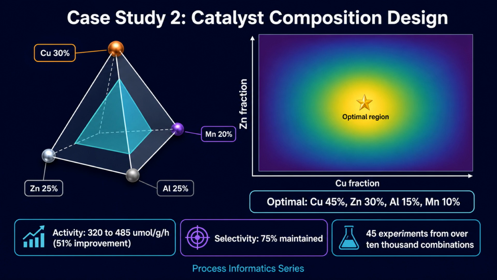The optimization revealed synergistic effects between copper and zinc, leading to a 51% improvement in catalytic activity from 320 to 485 micromoles per gram per hour, while maintaining 75% CO selectivity. All this was achieved in just 45 experiments from a theoretical search space of over 10,000 combinations.